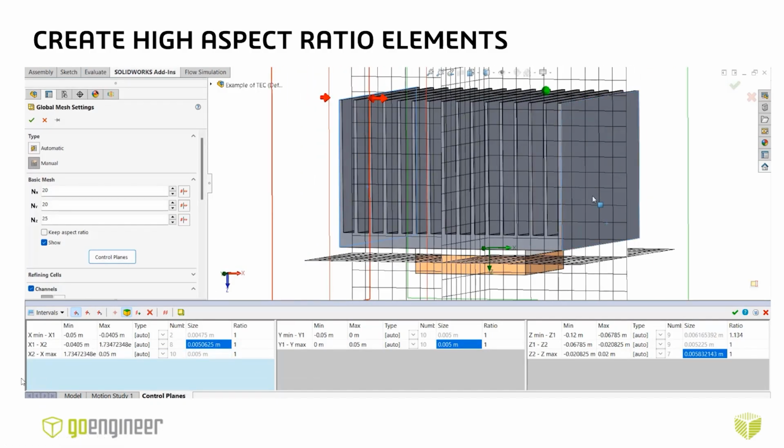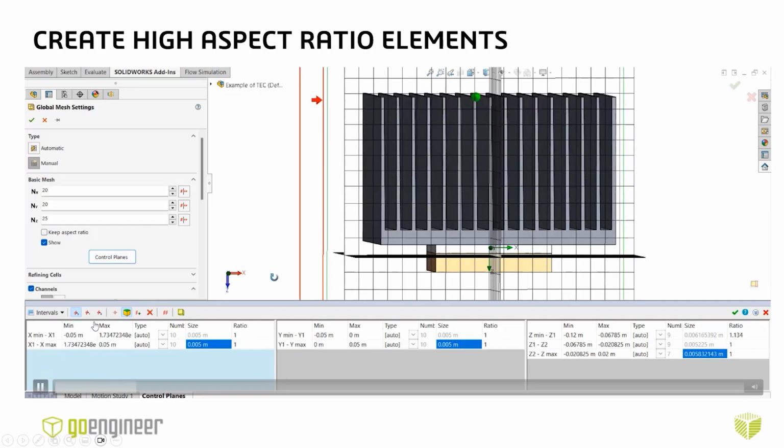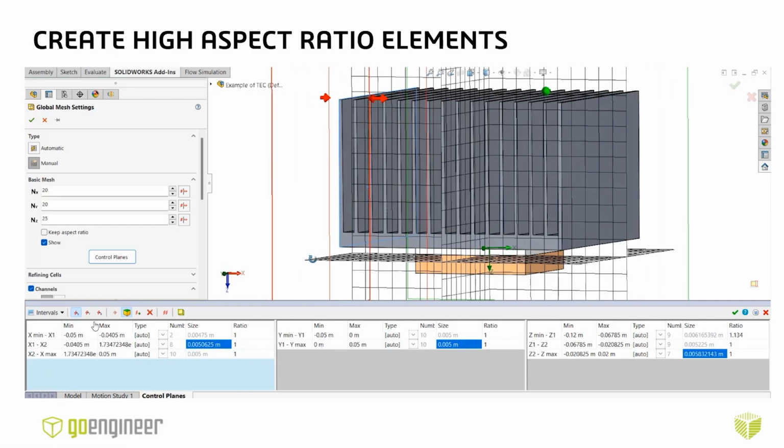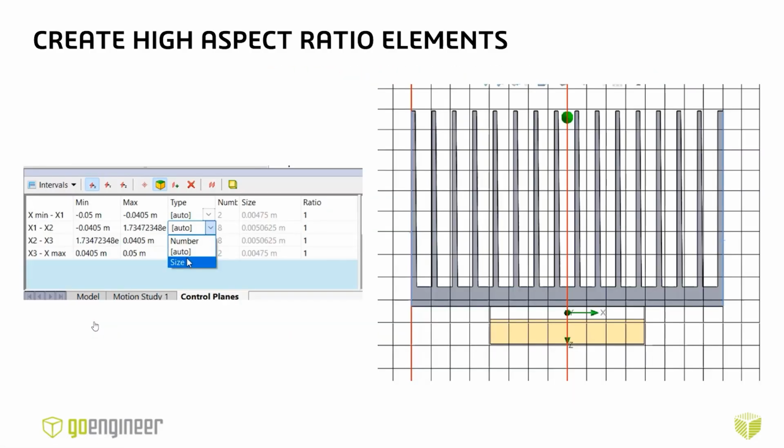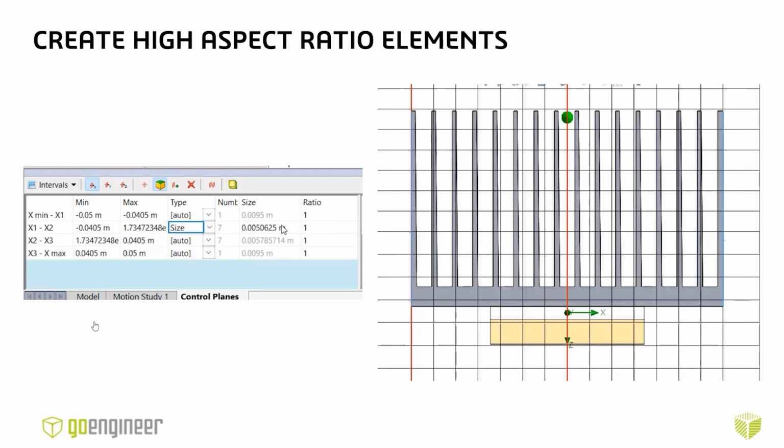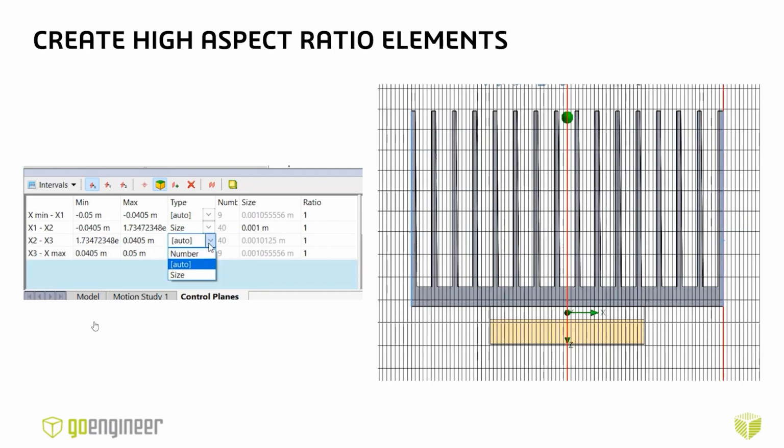These are called control planes. So I might pick the boundaries of where I want the cells to start squeezing together. Then I pick a size. So hey, instead of the default cube size, I want to do something a little bit thinner.